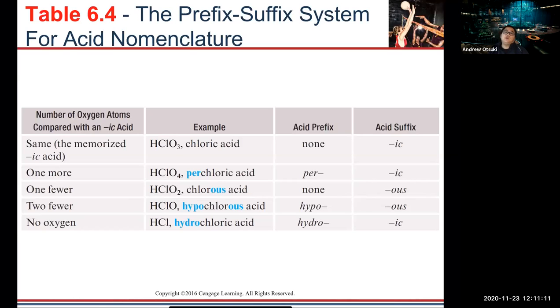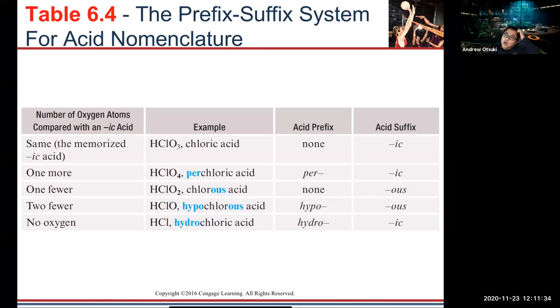Now, when we have two fewer, we have HClO. That's called hypo. So hypo is like very few oxygens of the series, the lowest it can have, so one. So then we have hypo as the prefix, then the suffix is OUS.